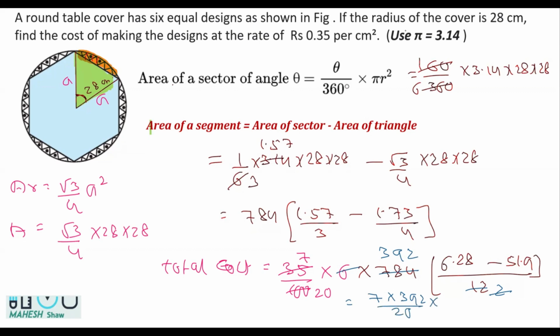And then we also have the difference of 6.28 minus 5.19, which comes to 1.09. For the final calculation, we multiply 1.09 with 7, multiplied by 392, and that divided by 20.